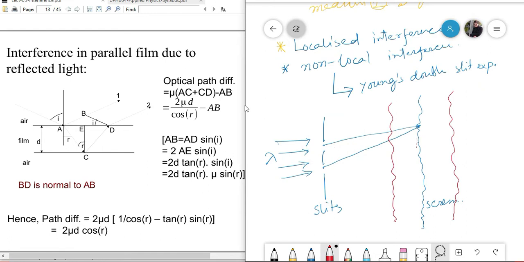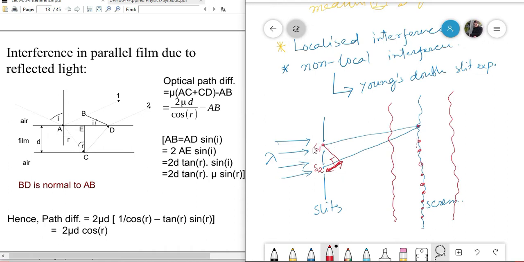The interference pattern that you see on the screen is due to a path difference that gets created as the light moves from slit 1 and slit 2 towards the screen. This path difference determines what kind of fringes or interference patterns you will see on the screen. At every point the path difference is different, so accordingly you see fringes on the screen.